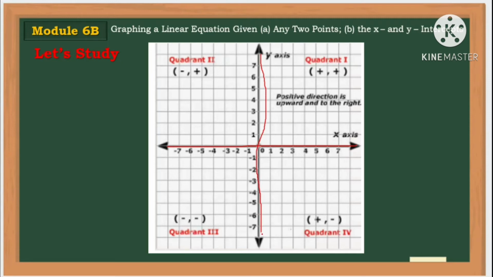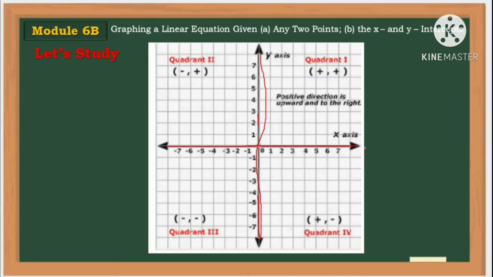We have here the first quadrant, where the signs of the ordered pair are both positive. The second quadrant is negative, positive. The third quadrant is both negative. And the last, the fourth quadrant, is positive and negative.